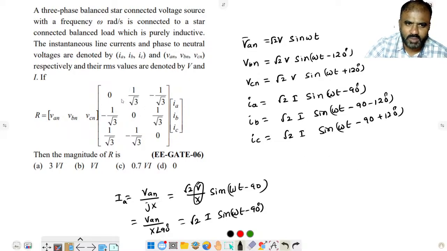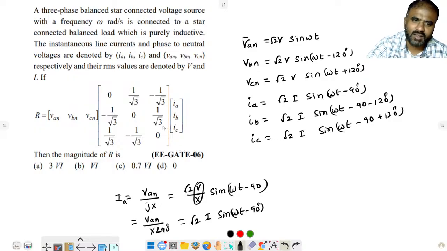For example, here, 0 into IA, 1 by root 3 into IB minus 1 by root 3 into IC. Then minus 1 by root 3 into IA plus 1 by root 3 into IC. So you try like that, definitely you get the answer.